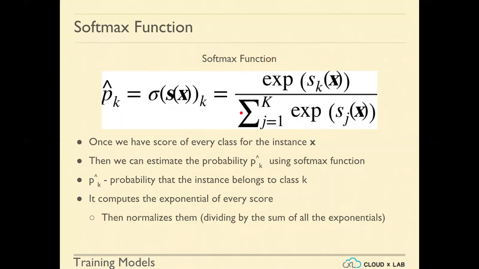The softmax function is essentially estimating the probability of a particular instance, a particular record, being in the class K. We compute this softmax function for all of the classes, and for all of the records.